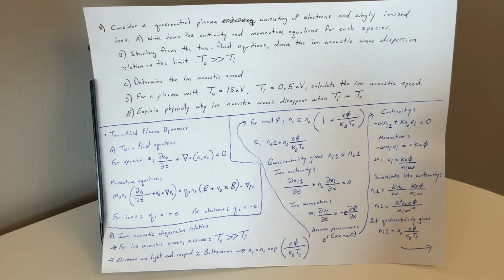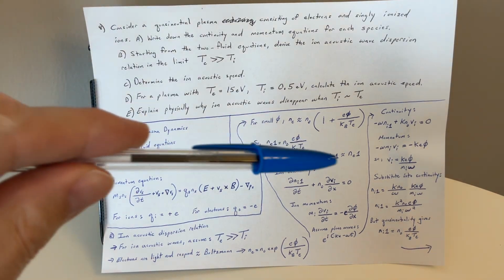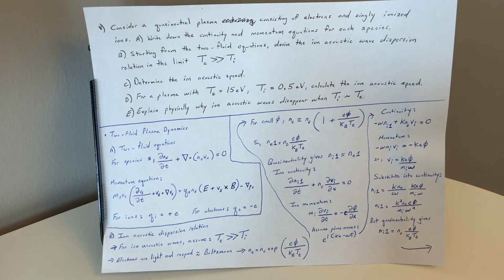The momentum is negative omega m_i v_i equals negative k e phi. So v_i equals k e phi over m_i omega. Now we substitute into the continuity.